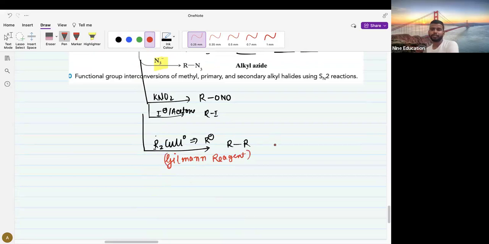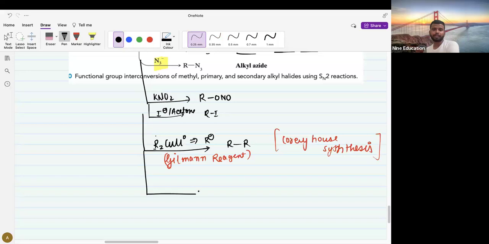And its reaction we call Corey-House synthesis. You might have studied in the alkane chapter, Corey-House synthesis. Last one I am writing: if I add RMgX in this reaction, which is known as what? Grignard reagent. If I am adding Grignard reagent in this reaction, similarly here the nucleophile is R minus and Mg positive.